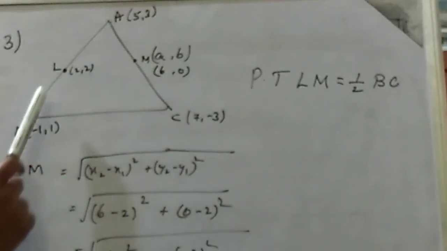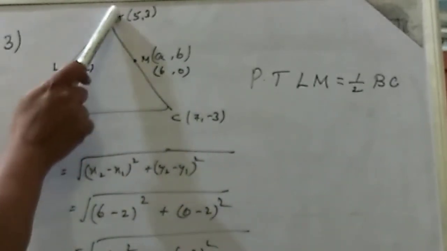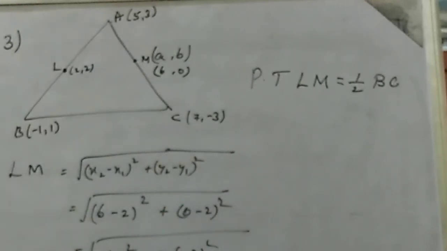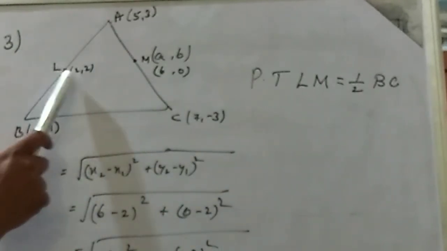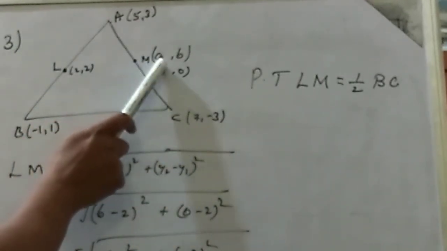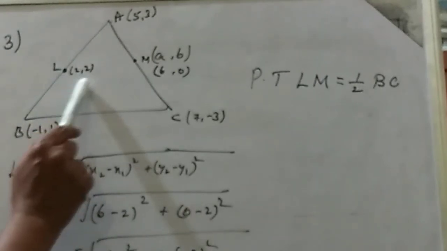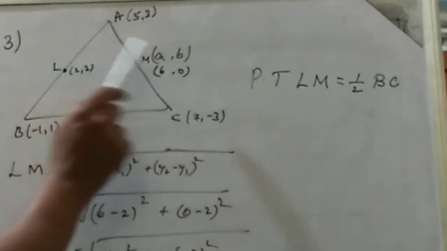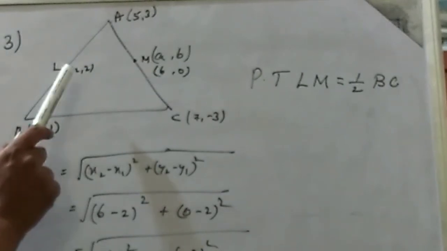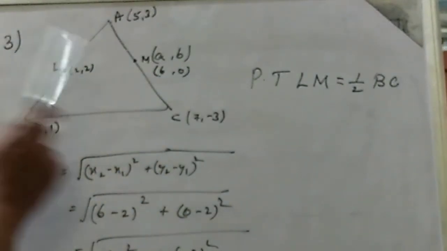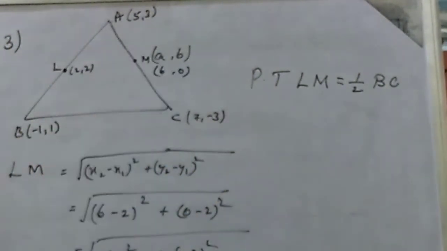That is, AB midpoint is L and AC midpoint is M. So let us take L as (x, y) and M as (a, b). You know the midpoint formula: x is equal to (x1 + x2)/2 and y is equal to (y1 + y2)/2. Apply that formula and get the coordinates of L and M: L (2, 2) and M (6, 0).